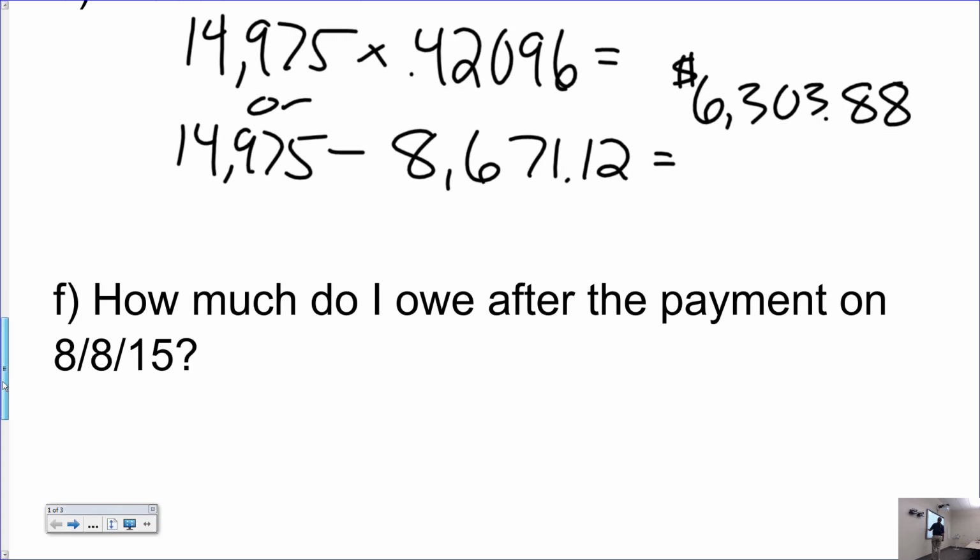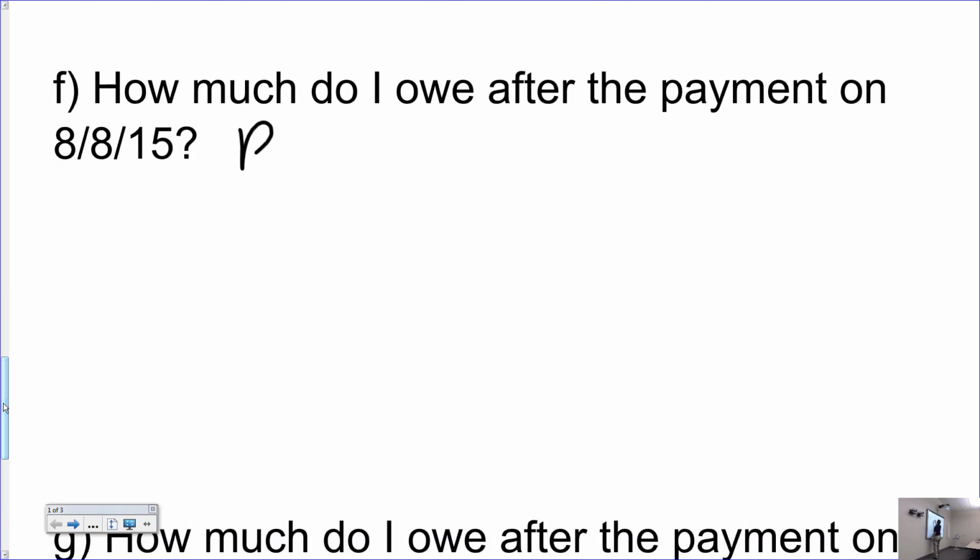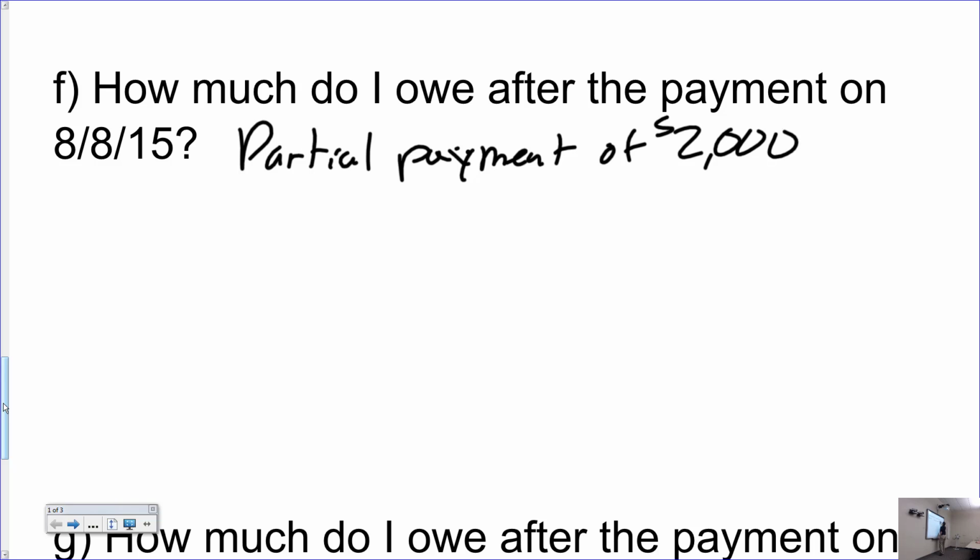Partial payment. What kind of a discount am I getting on August 8th? 3% discount. Again, because this is within 10 days of when we receive the goods.